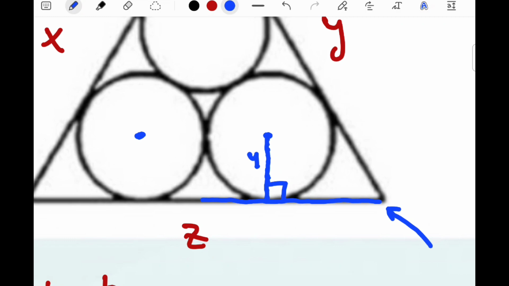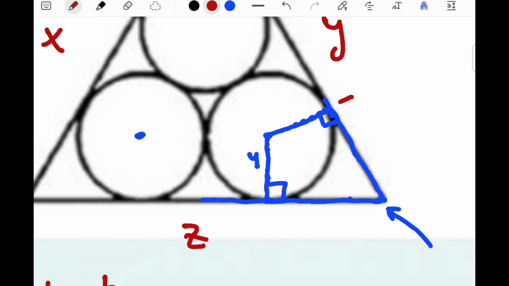And this side also is a 90 degrees. Another theorem says that any two tangent lines to a circle from the same point have the same length.